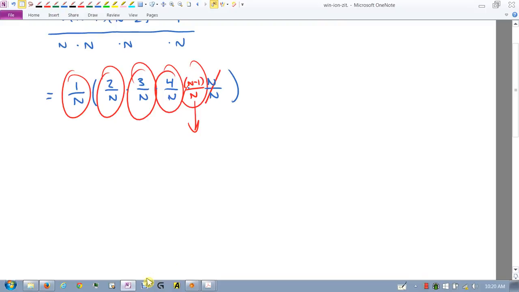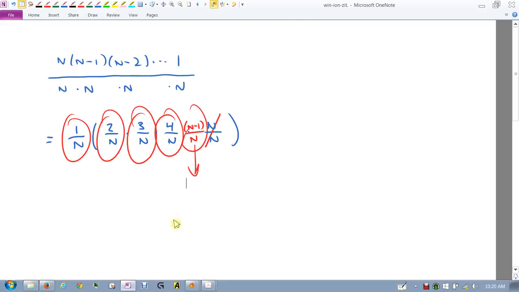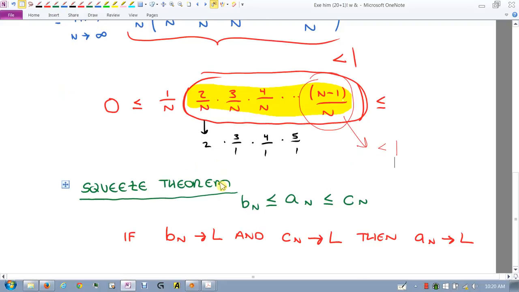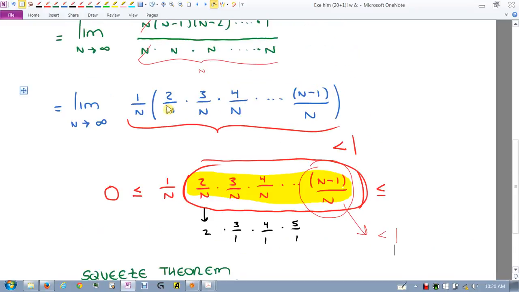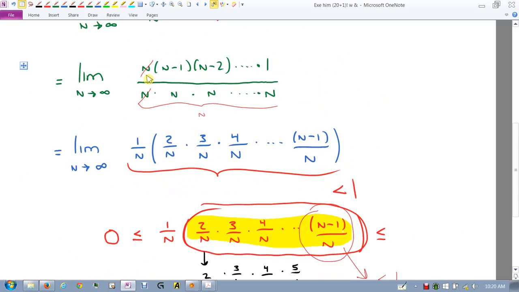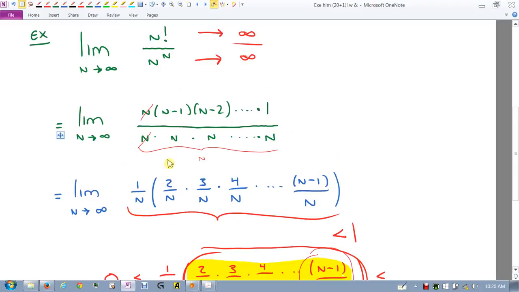We need to use some sort of squeeze theorem on this to make it work. Okay? That goes to 0. As n gets bigger, that goes to 0. If you go back up to this one. Look, here's the problem.